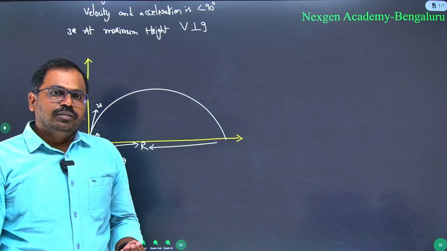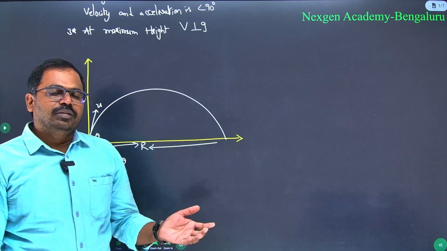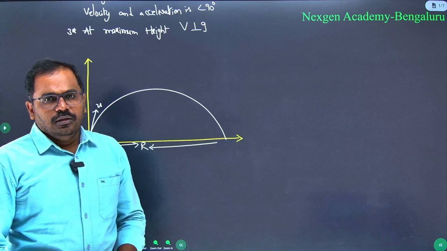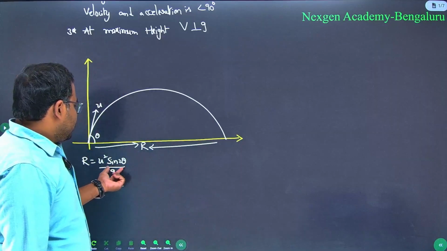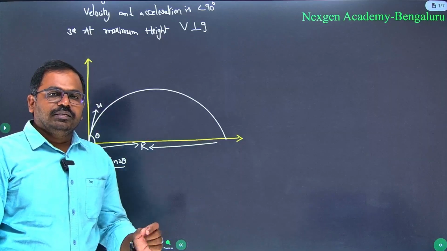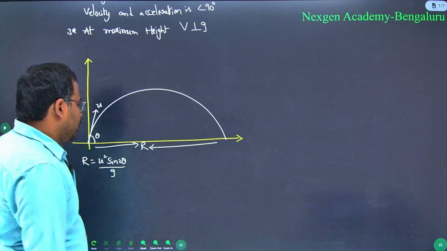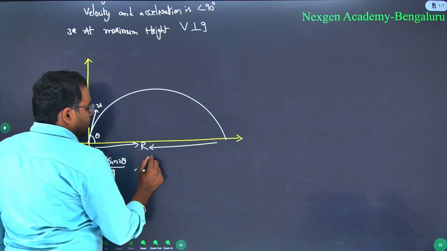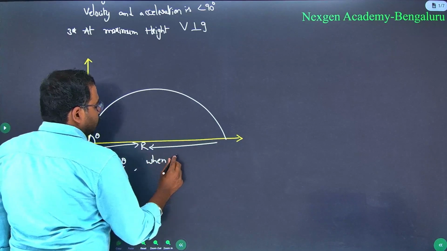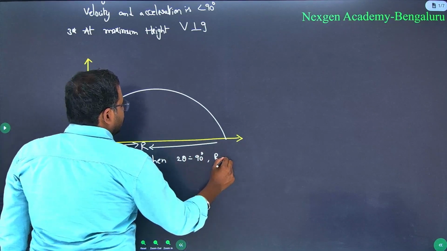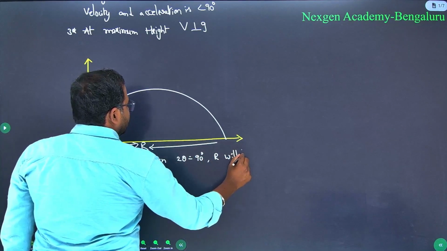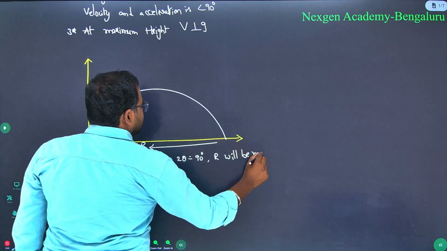So when is sine 2 theta maximum? When it is equal to 1, that's its maximum value, which means 2 theta must equal 90 degrees. When 2 theta equals 90 degrees, R will be maximum.